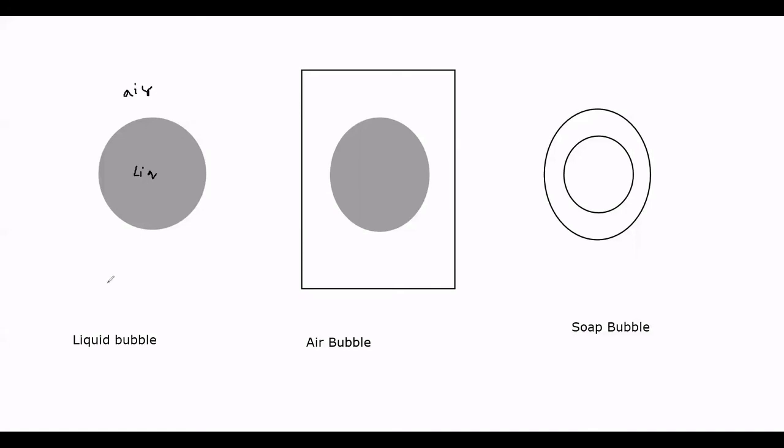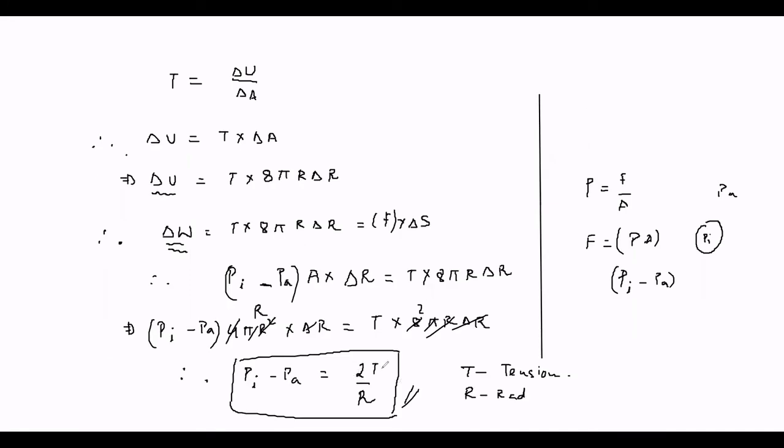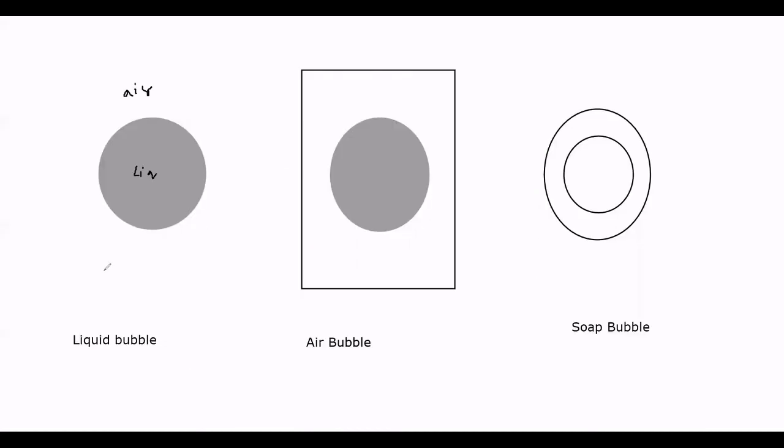So for a liquid bubble, just now we derived the excess pressure is 2T upon R. So this becomes the excess pressure, that is delta P, equal to 2T upon R. For an air bubble, it is filled with air inside, and outside it is filled with liquid. This one is the liquid surface. So the same for this, delta P equal to 2T upon R.